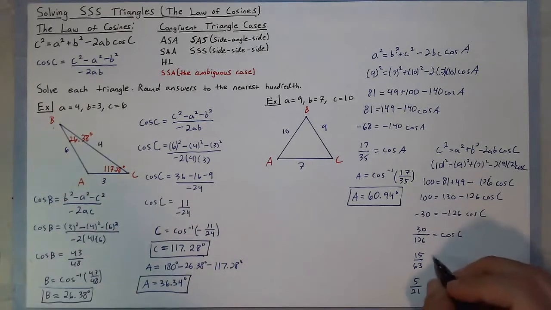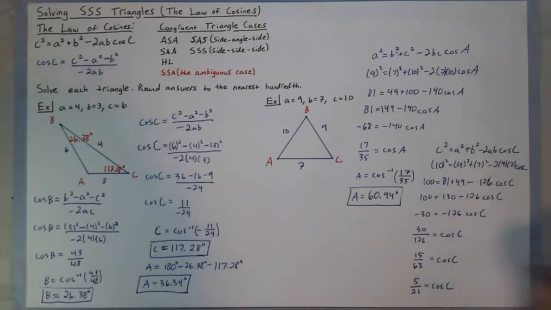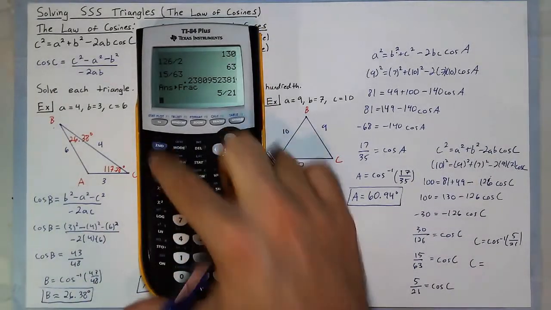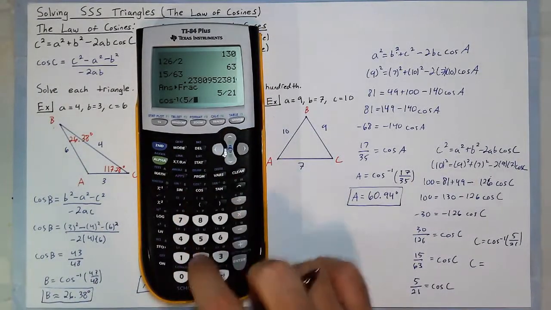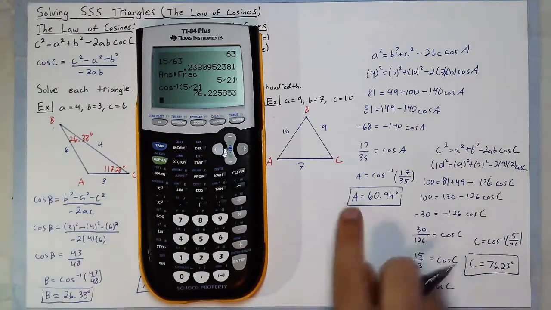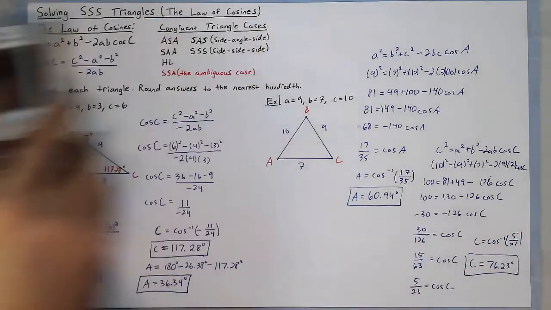So now I find angle C. I can just take the cosine inverse of that fraction, 5 over 21, and C will equal 76.23 degrees. And if I want to find the final angle, it should be smaller than both of them.